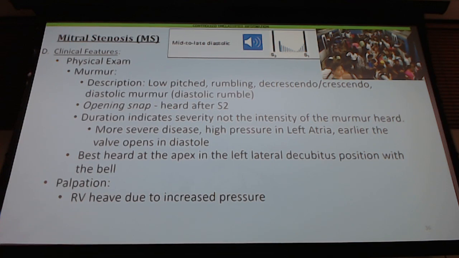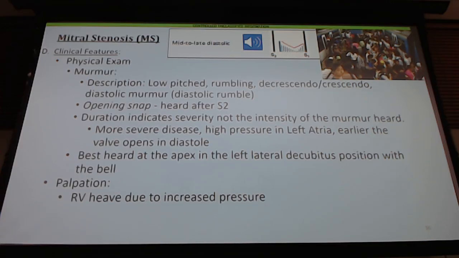On your physical exam, you could auscultate this decrescendo pattern. And the reason for this is, think of it as a subway car that's filled with a bunch of people, and the doors open. Of course, everybody wants to get out at once.